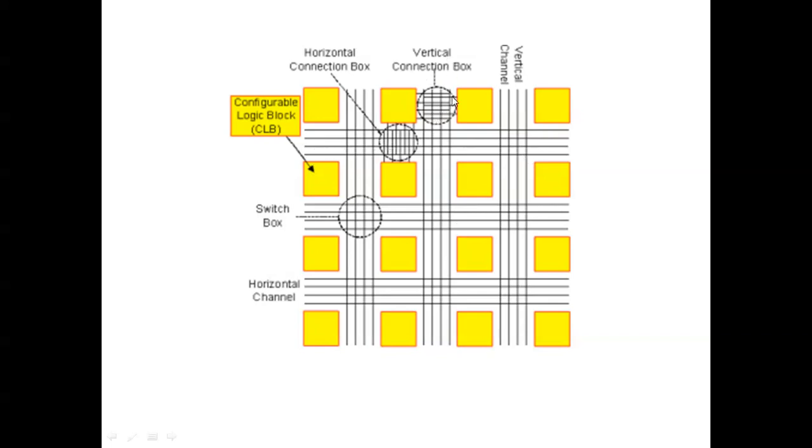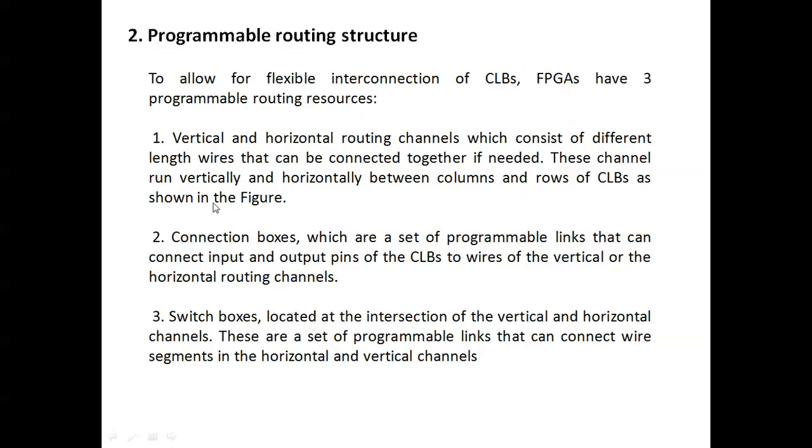See that this one is the vertical connection bus and this one is the horizontal connection bus. So for the vertical and horizontal routing channels, different lengths of wire can be connected together if needed. Then vertical and horizontal channels lie between the columns and rows of CLBs, as already shown in the figure.